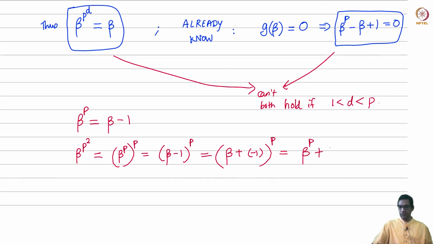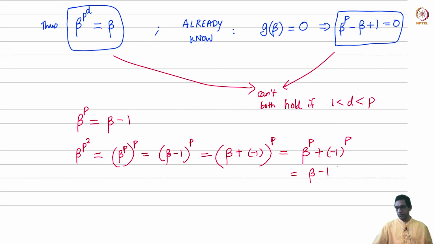This is just beta power p plus minus 1 power p, because all these are taking place over a field of characteristic p. All the intermediate terms that you get in the binomial theorem are divisible by p, so they all go away. So beta to the p square is just beta to the p plus minus 1 to the p. Beta to the p I already know is beta minus 1. So this is just beta minus 1.